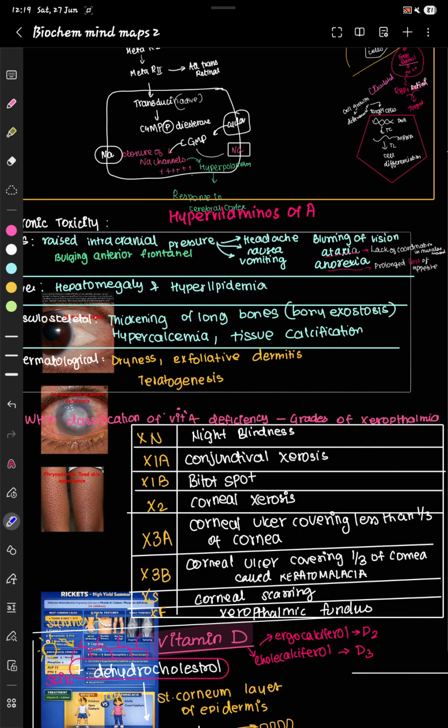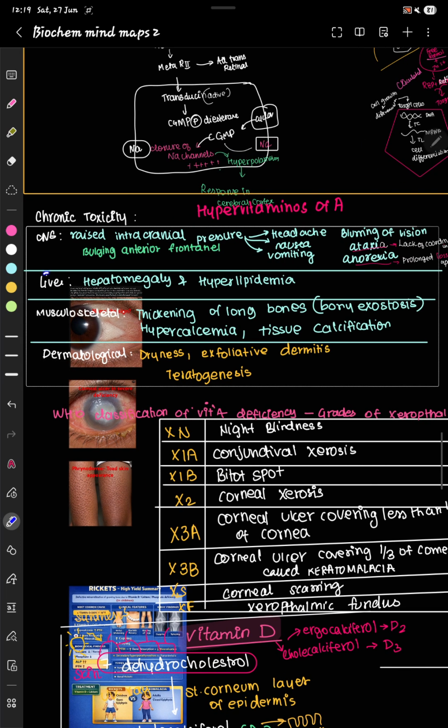And these are the things that are now caused just due to the overconsumption of vitamin A. Then there is hepatomegaly in the liver, and hyperlipidemia, because increased synthesis of cholesterol leads to hyperlipidemia, and there is enlargement of liver because of the overactivity of vitamin A.